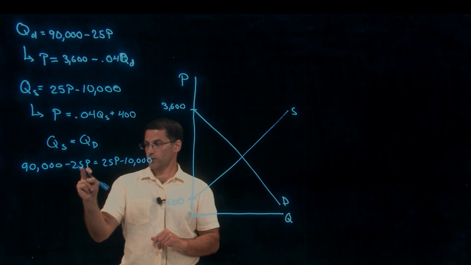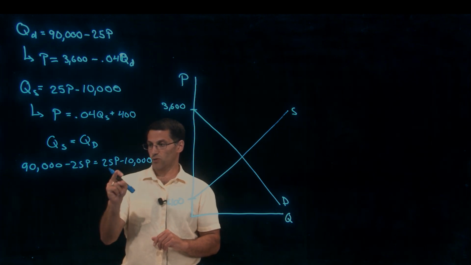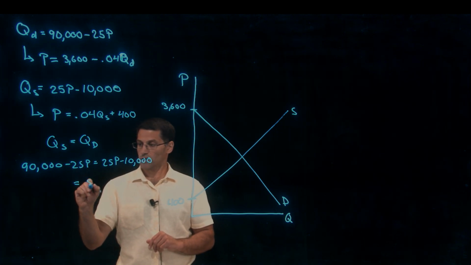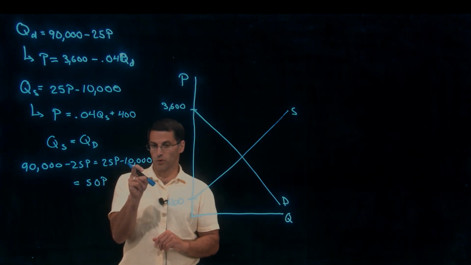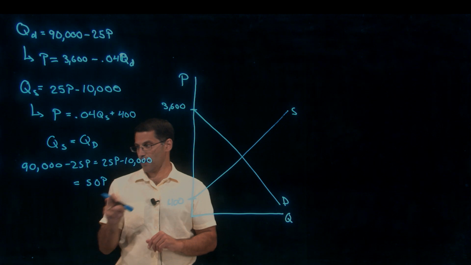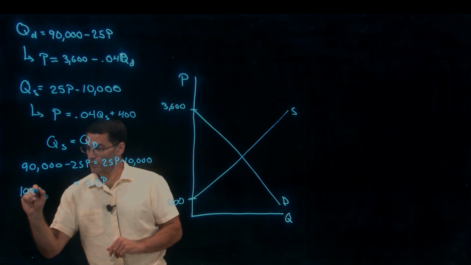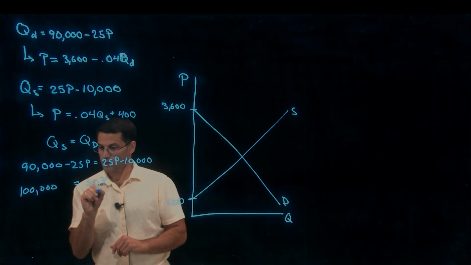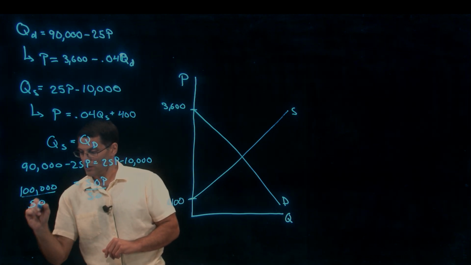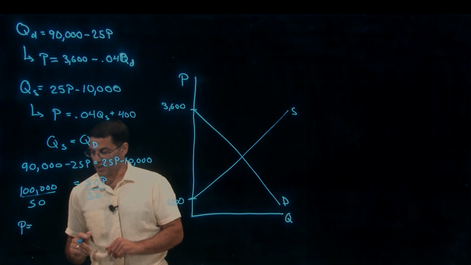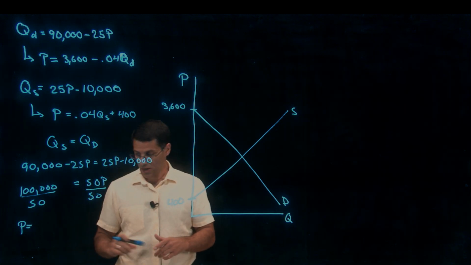All right, so I'll bring this 25p over here to the right, that makes that 50p. Add 10,000 to both sides to move this minus 10,000 over to the left. Now I'm going to divide through by 50 to solve. And that tells me that p is equal to 2,000.